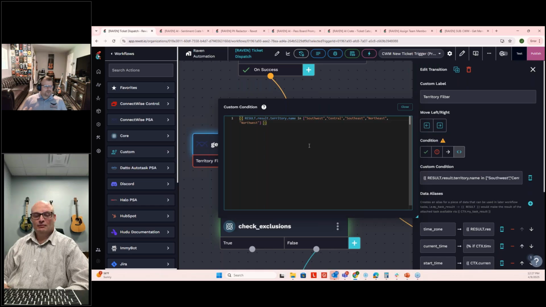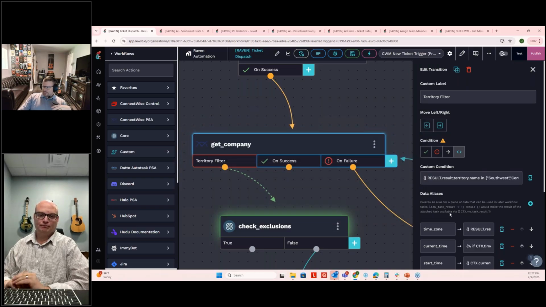Based on that territory, we route this to a specific service team, because the partner that we built this for has different service teams for different territories. So they still have a local feel for the clients they're working with. That entry level help desk is always going to have that local feel, whereas the more senior level resources are global, for lack of a better term, covering all of their client base.